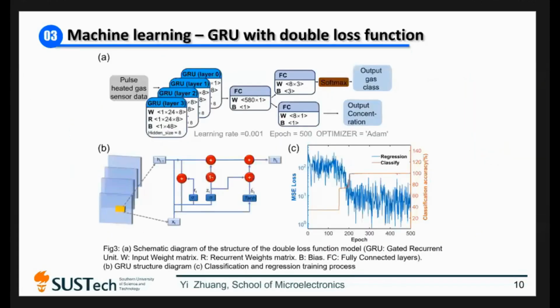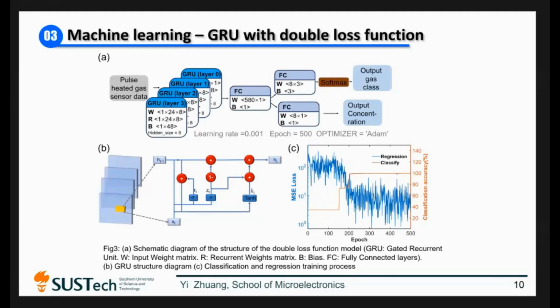Here I will introduce 3 machine learning approaches on top of two models. First is a GRU with a double loss function. The power signals we've seen previously are typical time series data, and GRU is good at processing time series data.